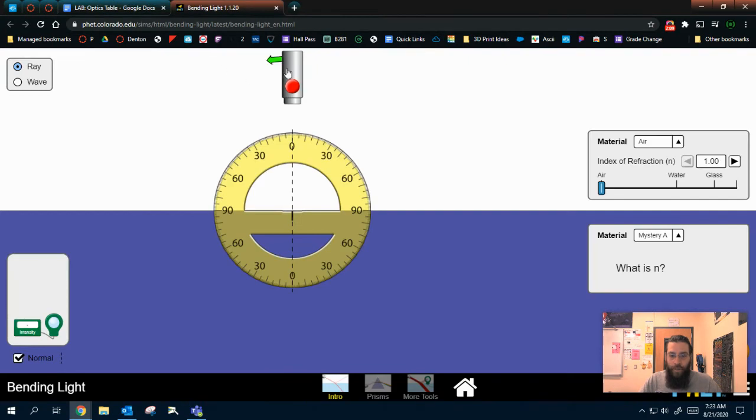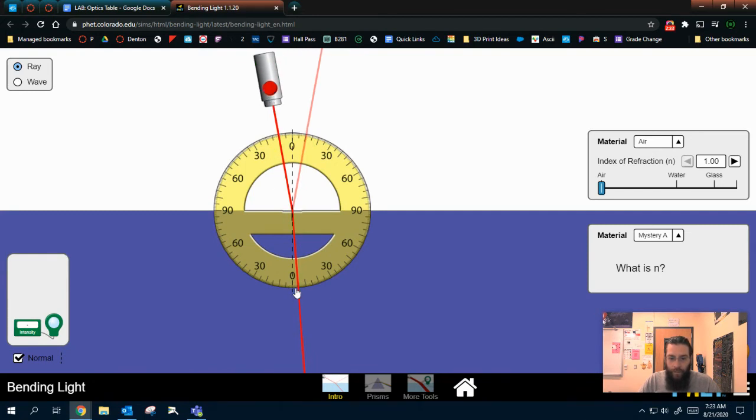So here, you'll notice that when I send the laser in, when it hits the surface, I see two beams. This is obviously the reflected beam, and this is the refracted beam. So we only need the angle of refraction because, again, the angle of reflection should be the same as the angle of incidence. So for example, if I went to 10 degrees, that would be just right here. That's about 10 degrees.